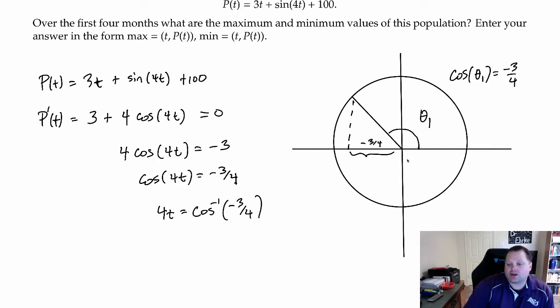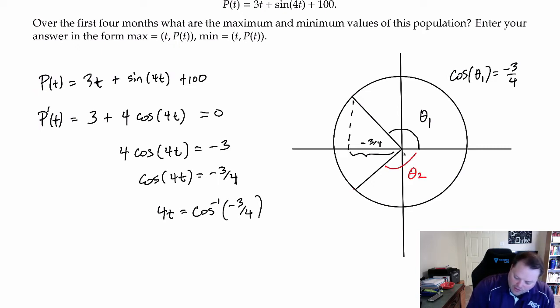Now, is there another angle that also has a cosine of negative 3/4? The answer is yes. If we construct this ray right here, I can look at this angle instead, which I'll call theta 2.